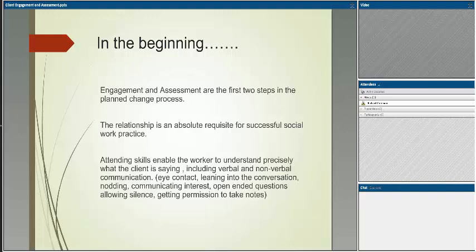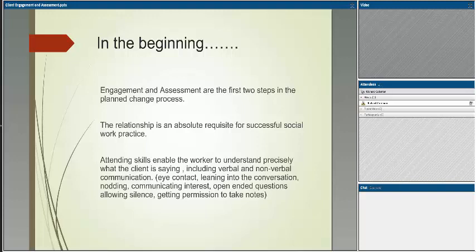Think about when you're first meeting someone and how nerve-wracking that can be, and how you're paying attention to all these things. What you need to keep in mind as it relates to attending is making sure you're listening to your client, that your verbal and nonverbal communication shows interest, that you make eye contact when appropriate, lean into the conversation, nod when people share things you agree with, and ask open-ended questions.